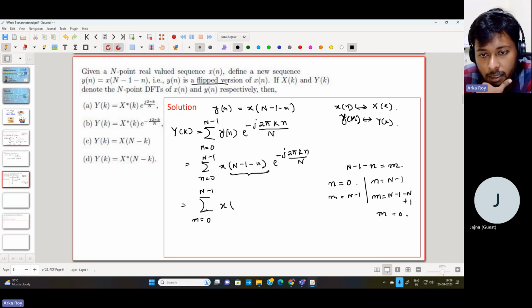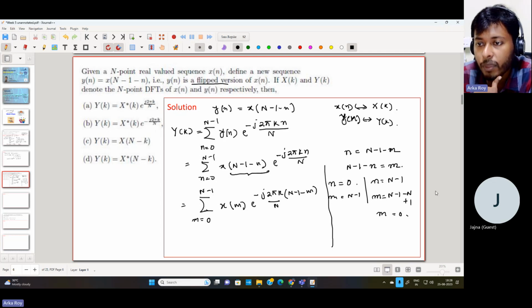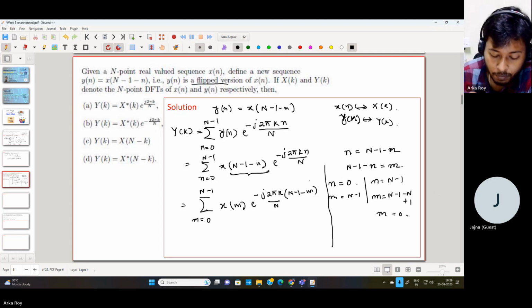So I can write it as x of m e to the power minus j 2 pi k by N, and then n I can write as N minus 1 minus m. Okay, fine.